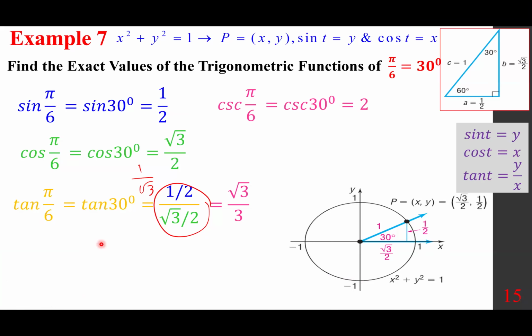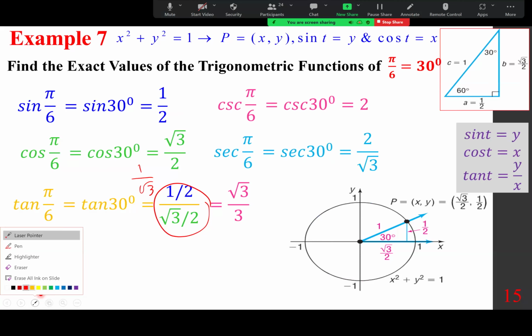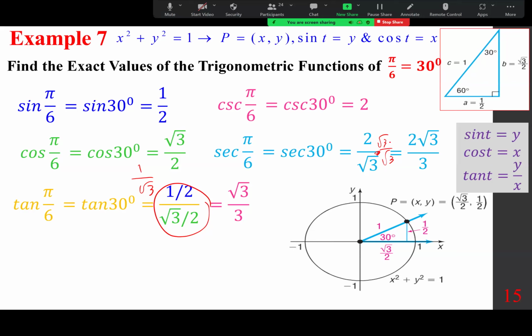Secant is 1 over cosine. The reciprocal of this is 2 over square root of 3, and then rationalize, you get 2 square root of 3 over 3. And cotangent is the reciprocal of tangent. 3 over square root of 3, I hope you recognize that is square root of 3.